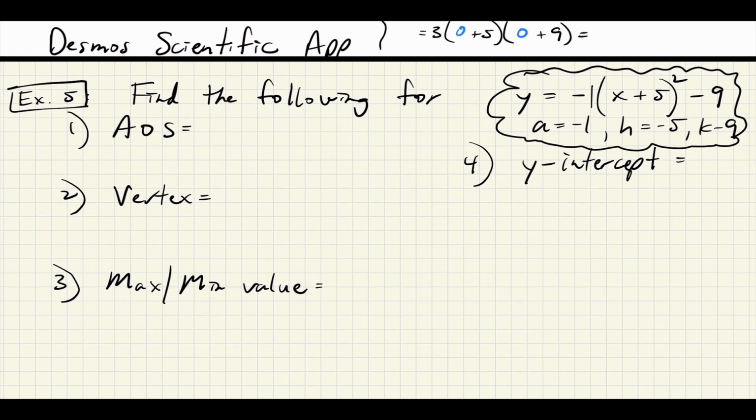Axis of symmetry, it's in vertex form, right? So the axis of symmetry, according to our notes, says H. H looks like positive 5. But remember, it's actually a line, so it's actually negative 5. The vertex is H, comma, K. K tells the truth.